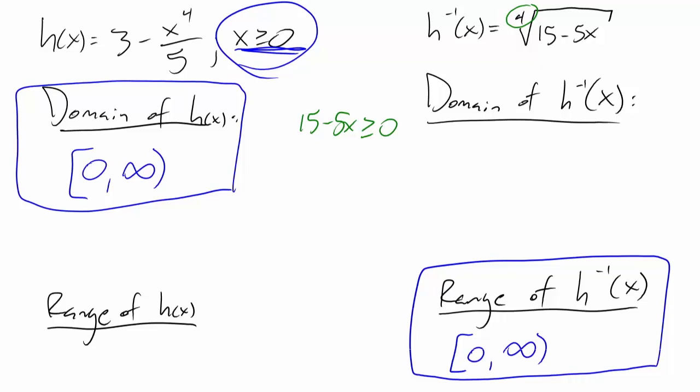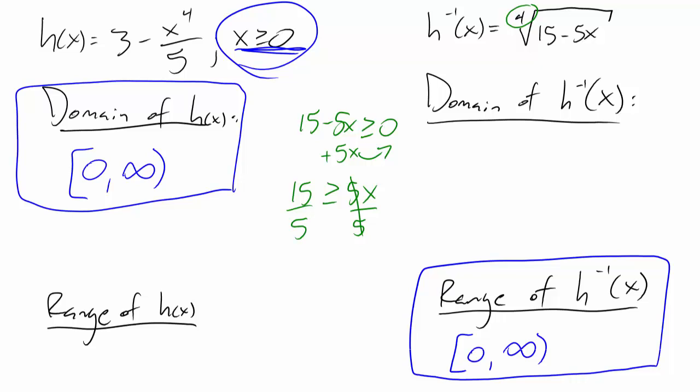So we're going to solve this just like we would any other basic inequality. Now, rather than subtract off the 15x, which is a perfectly legitimate maneuver, I find it easier when dealing with inequalities in particular to try and keep the coefficient of the variable positive. So I'm going to add the 5x to both sides instead to leave me with 15 is greater than or equal to 5x. We still want to solve for x, though, so we're going to next divide out both sides by 5.